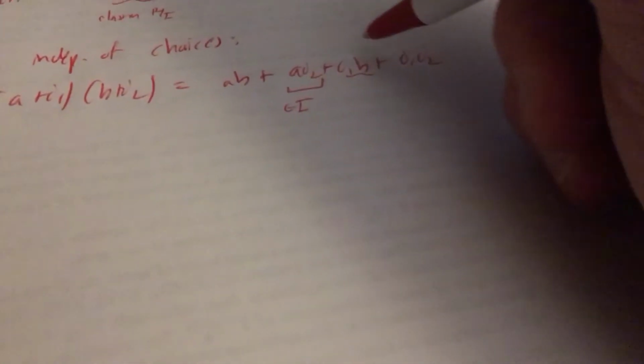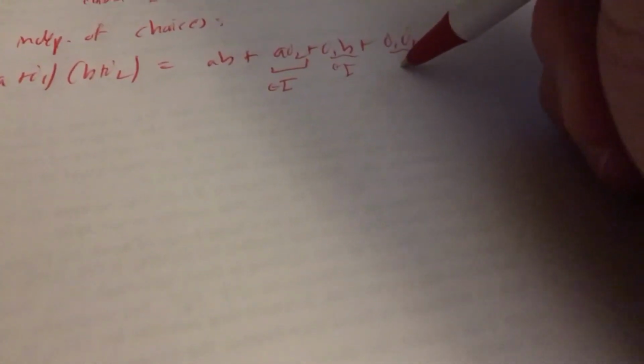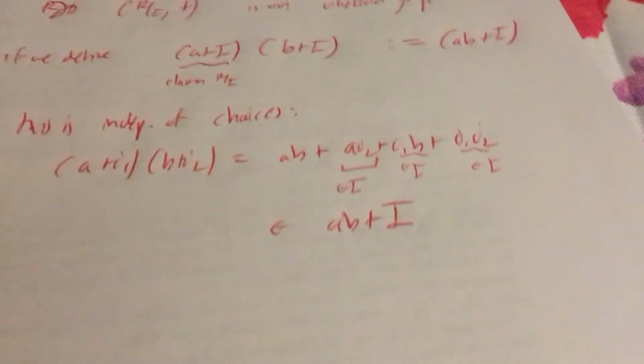Well, that's a product, and it's AB plus AI2 plus I1B plus I1I2. Now the point is, AI2 is something in R times something in I, so this is in I. I1B is something in I times something in R, so this is in I. And I1I2 is in I. So the product is in AB plus I. It's the same class.